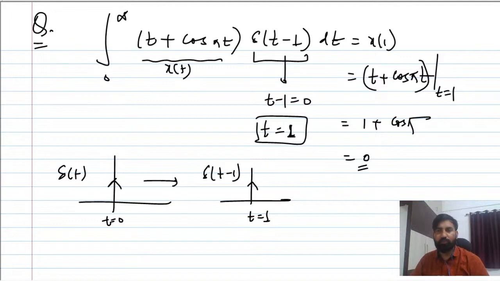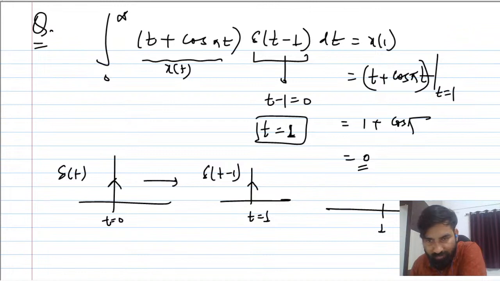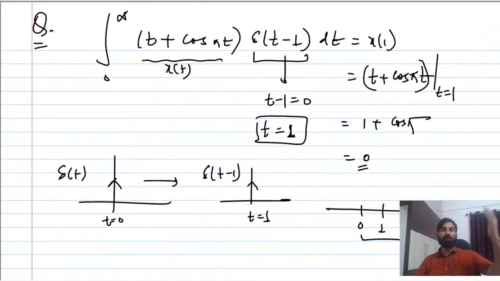So this shift 1 is lying between 0 to infinity. You can take a closer look: 1 is here, 0 is here, and the infinity you can say is here. So this 1 is lying between 0 and infinity. That is why you are getting some answer, otherwise the answer will be 0.